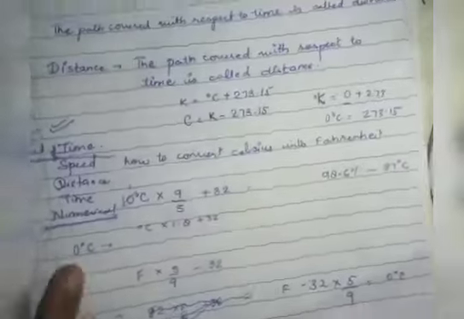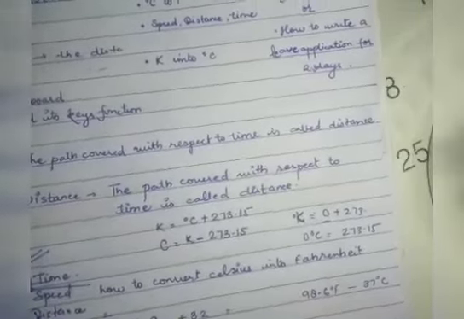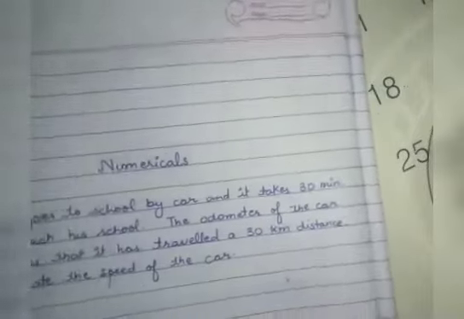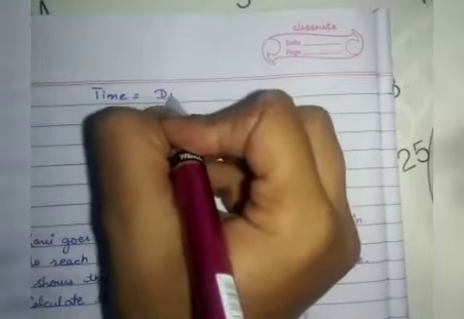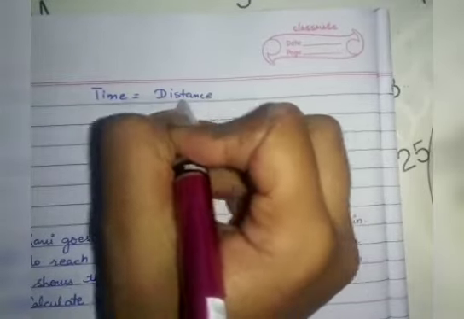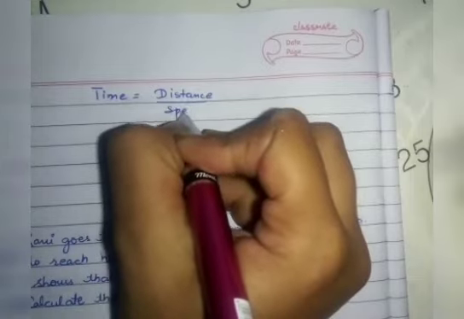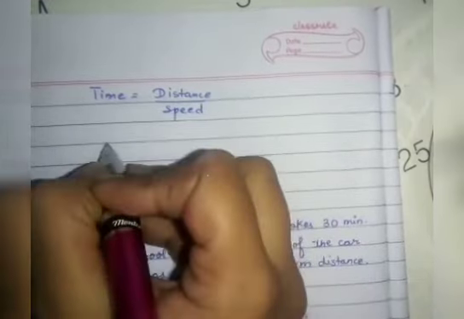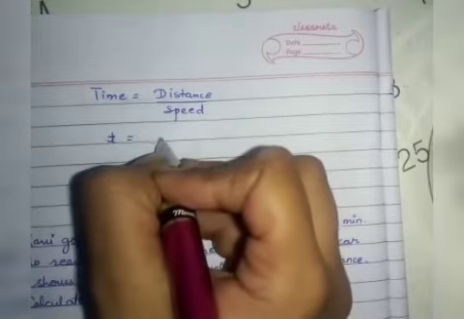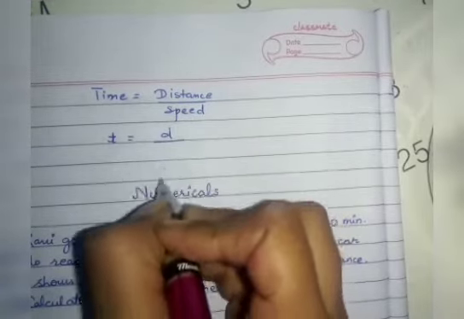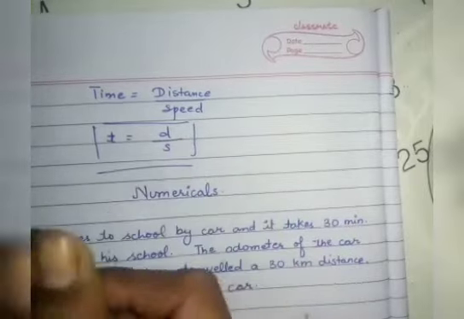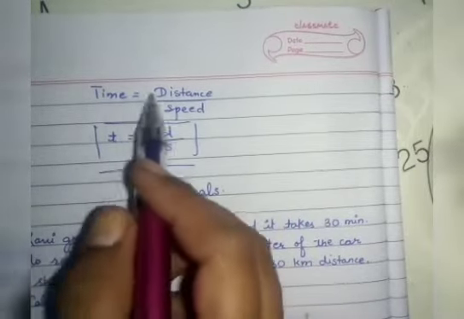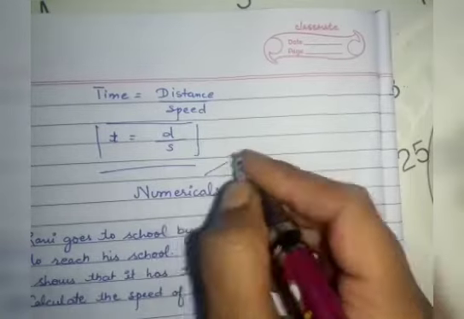The formula is time equals distance upon speed. Time is denoted by t, distance is denoted by d, speed is denoted by s. So this is the formula for time: t equals d upon s. Time equals distance upon speed.